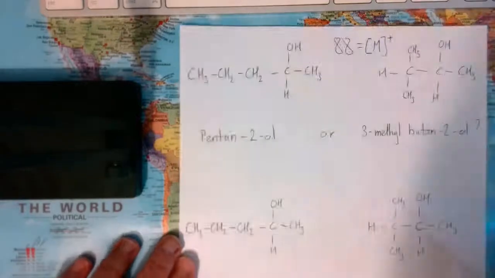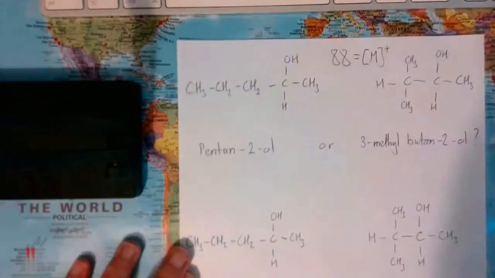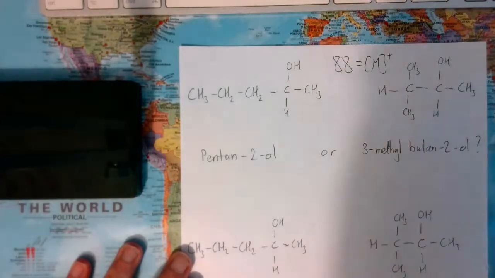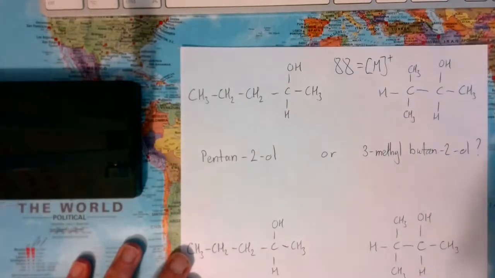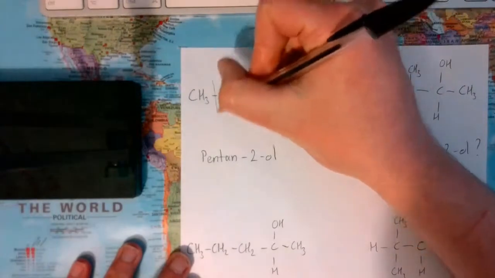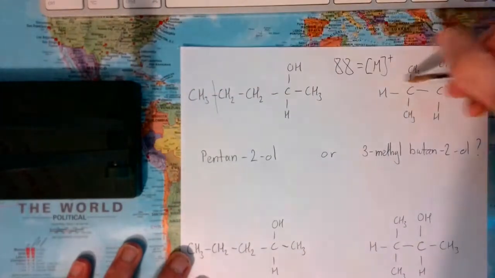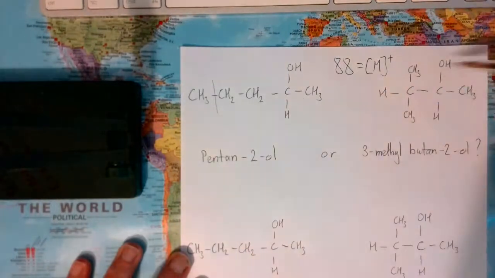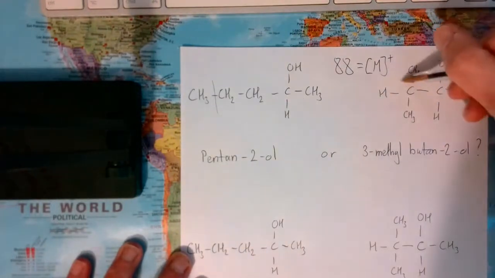Now, I've drawn out a few different versions so that my diagram doesn't get too messy. The very first thing we're going to be looking for is 15. That's our significant thing. And what we could have is we could lose a methyl group off the end here. We could also lose one here. In this one we've got 3 methyl groups we could lose. Let's take that one.